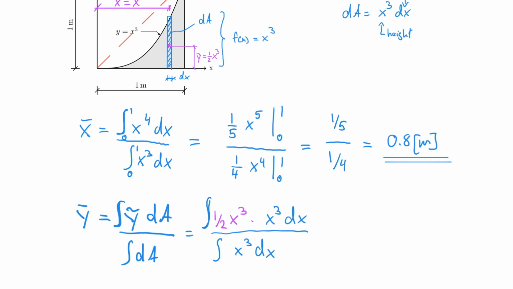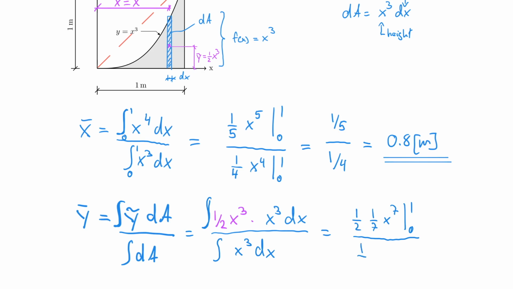So if I integrate that now, I end up with 1/2 times 1/7, so 1/2 times 1/7 x to the 7. And I integrate that from 0 to 1 as well. And then here nothing changes.